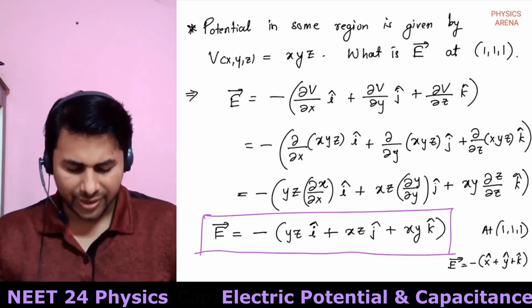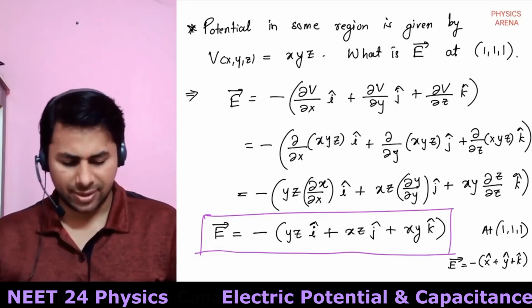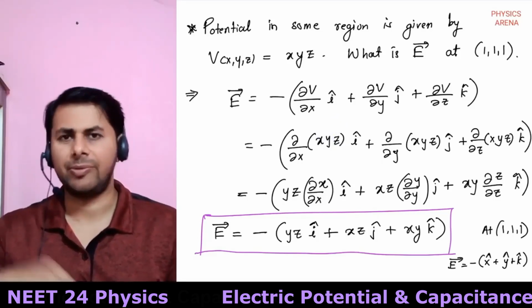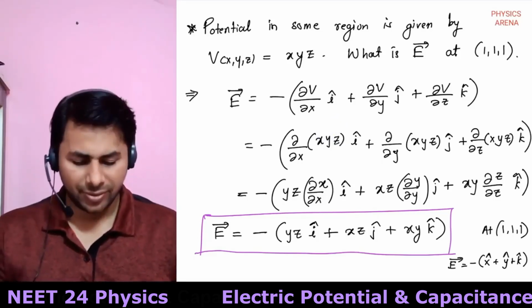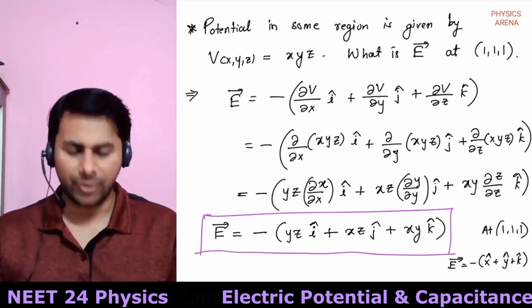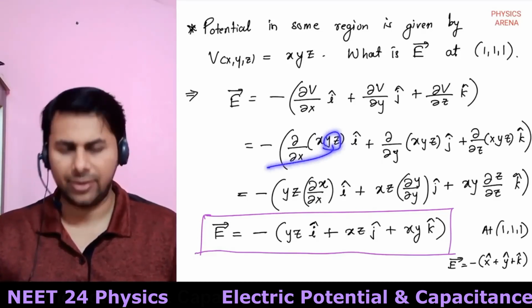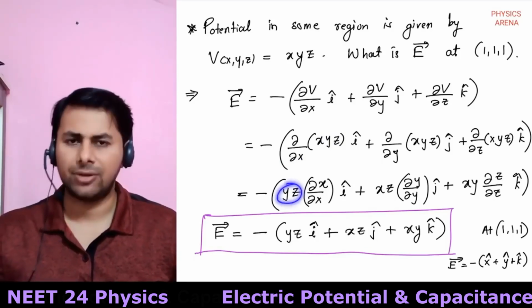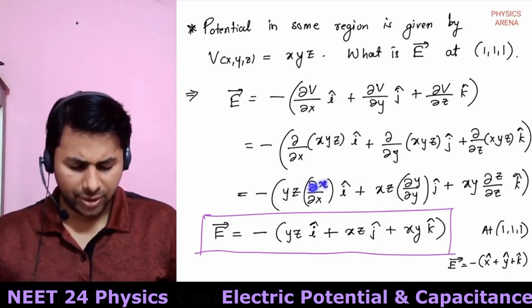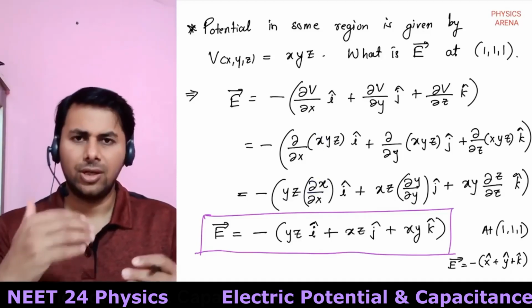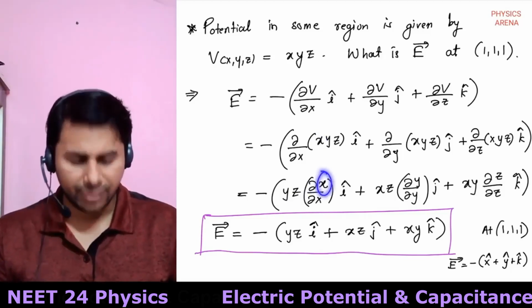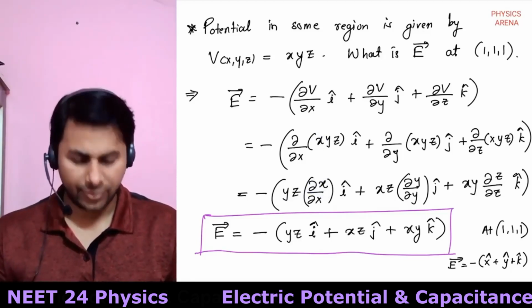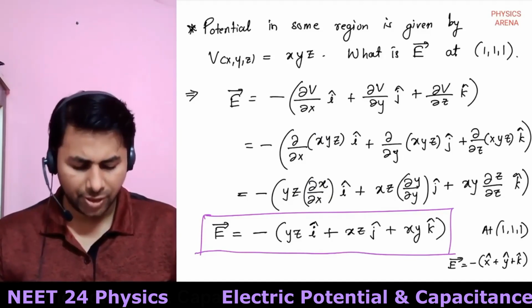So whatever terms you have containing y and z, it may be y, it may be y square, sine y, e raised to y, similarly for z, you will take them outside of the derivative because it's a constant. Then simply you have to take derivative with respect to x of the terms containing x, or the function of x.